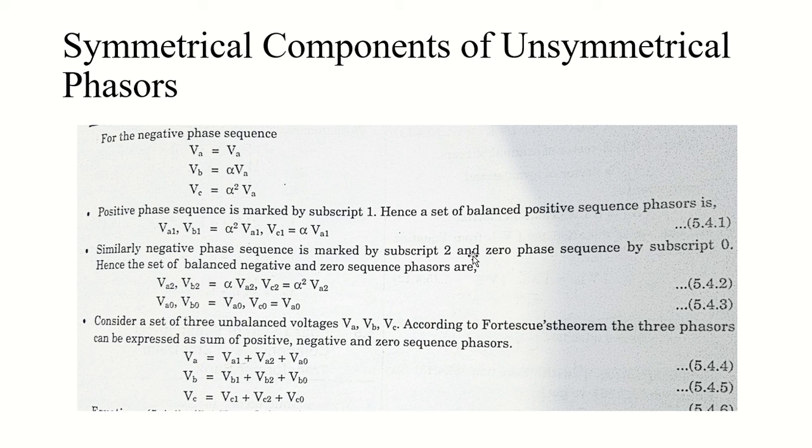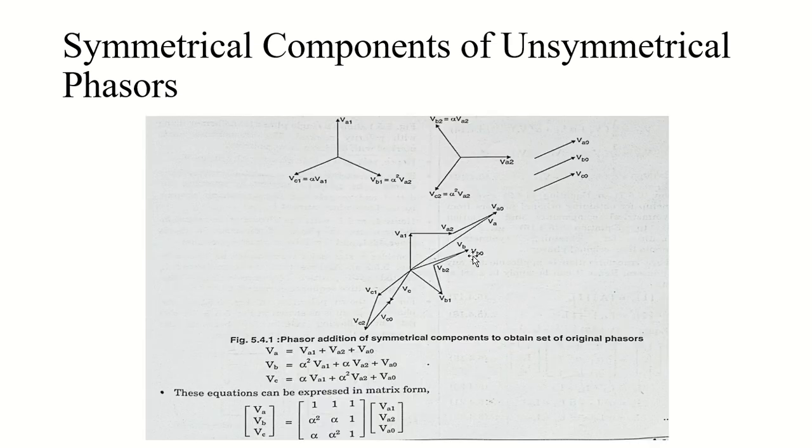So the addition of symmetrical components to generate VA, VB and VC, we can see in this figure. Here you can see this is my VA1, this is my VB1 and this is my VC1, and we wrote the way to indicate them here.